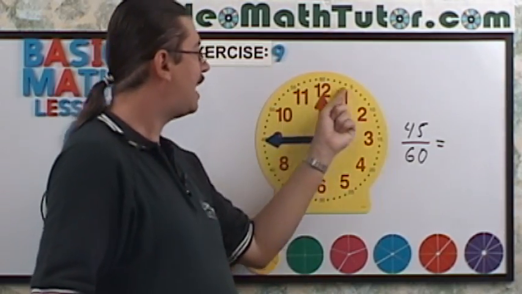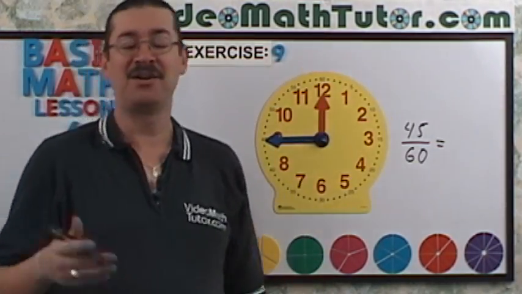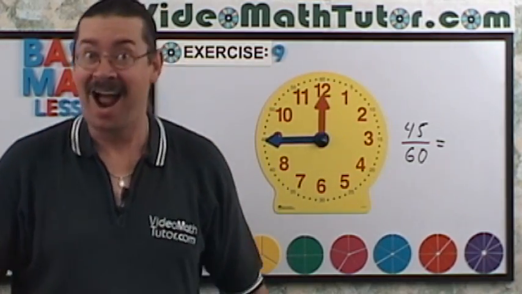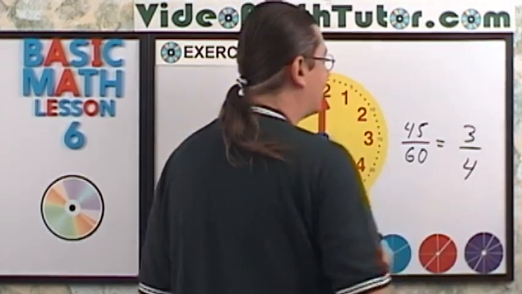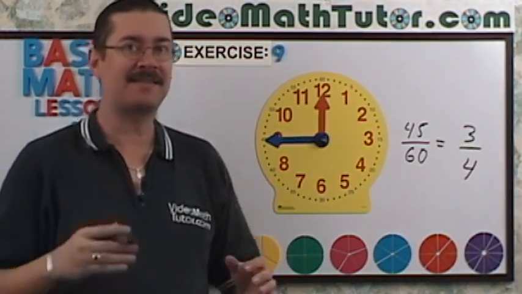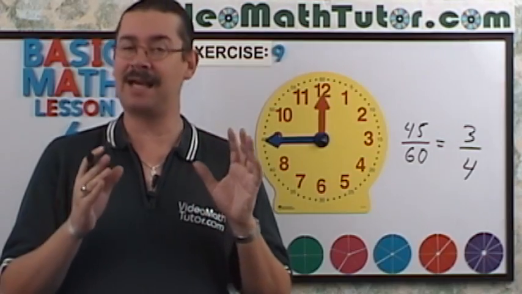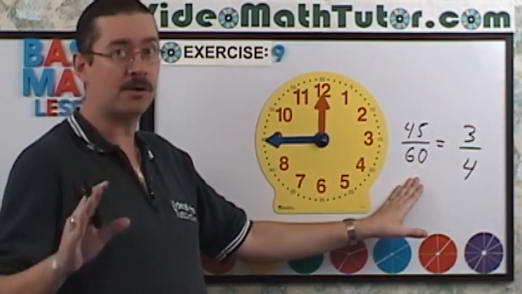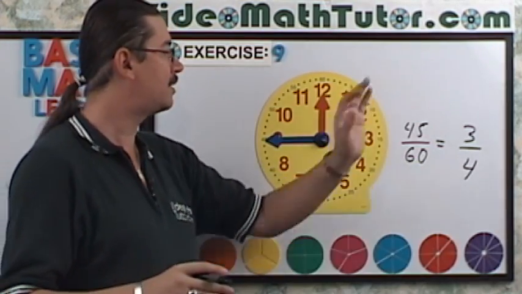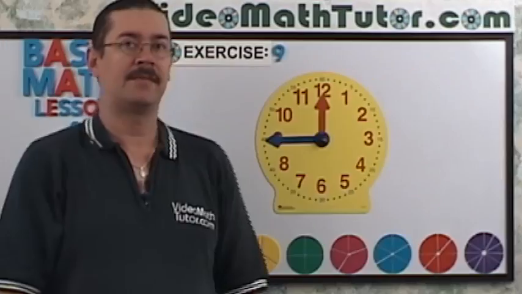How much of an hour has passed? 3/4 of an hour, right? So that's a pretty slick way of finding the answer. And try to think of that. Sometimes maybe we want the hour version versus the minute, but I still want you to write down the minutes with 60 first and then reduce. There's our answer.